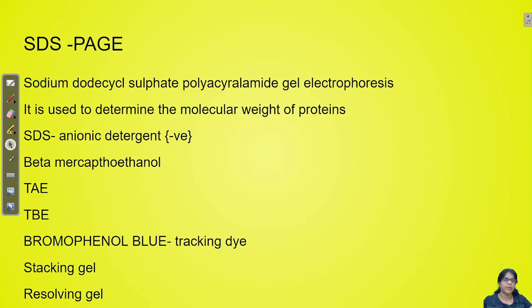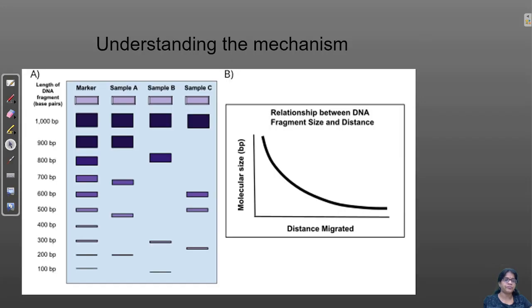Next comes the understanding of the mechanism of DNA separation. This is the length of the DNA fragments, with 1000 base pairs at the top and 100 base pairs at the bottom. This is the marker of known size. Sample A, sample B, sample C depend on the size. For example, if sample A has 100 strands of 1000 base pairs, all the 100 strands will be here only.